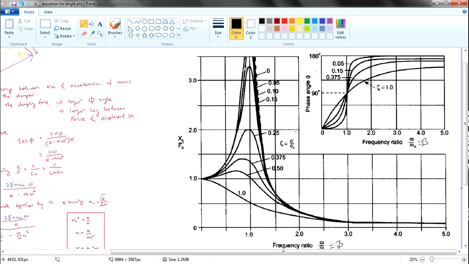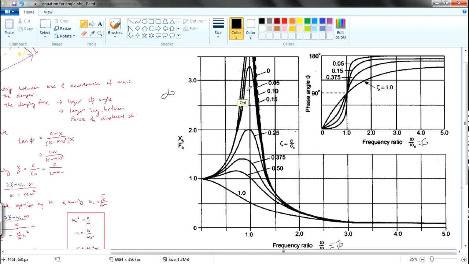The higher it is, the more resonance there is. As you can see, as the frequency ratio beta reaches 1, the resonance is at its maximum. It goes to infinity. If you reach this stage, your system is gone.